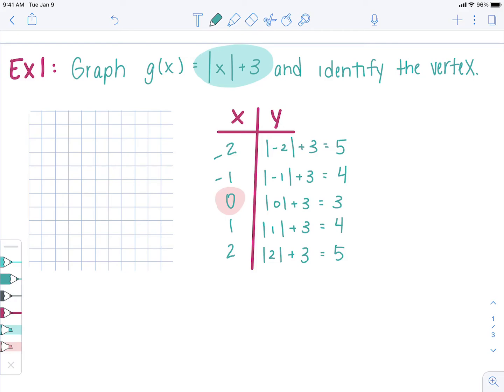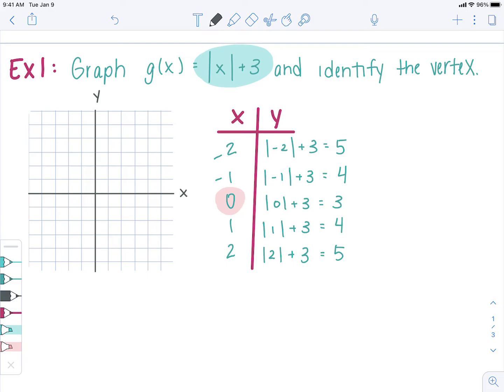So now I'm going to draw my x-axis, and I'm going to draw my y-axis, and then I'm going to plot my points. What's the first point I'm going to plot? The top one, which is -2 for my x.